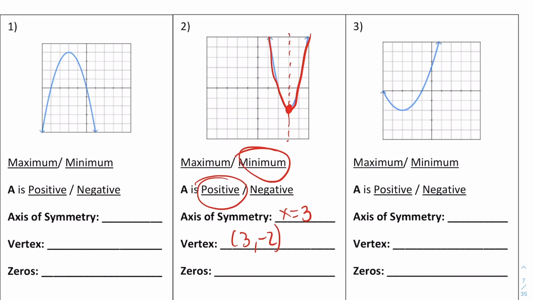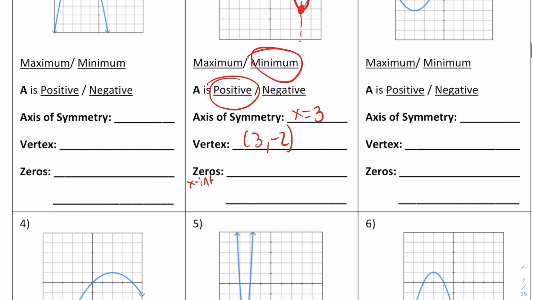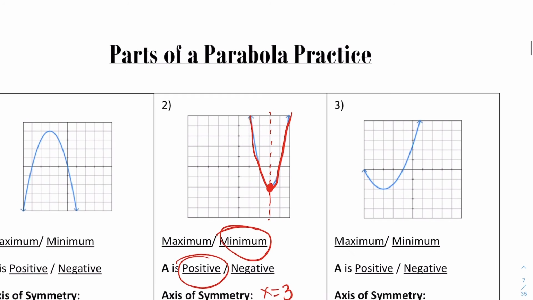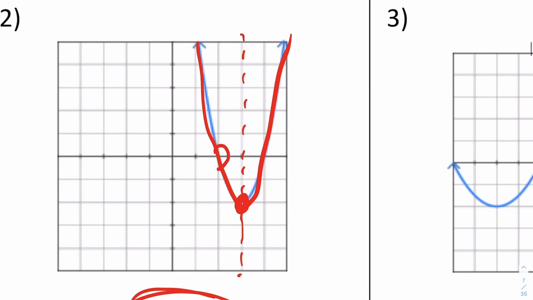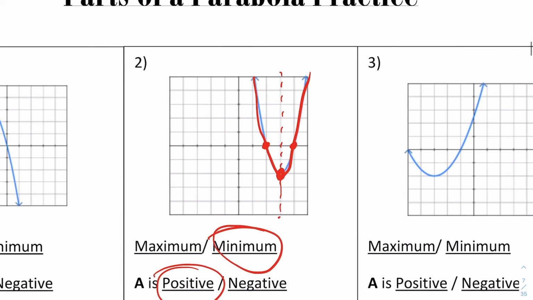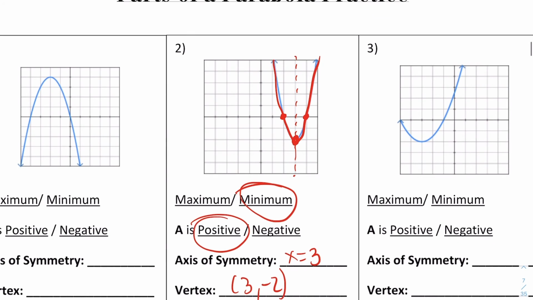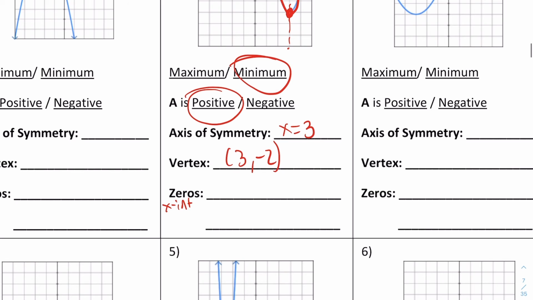And the zeros are the x-intercepts. If we look, there's one right here and one right here. One of them is at 2, the other one is at 4. x equals 2, x equals 4, or 2, 0 and 4, 0.